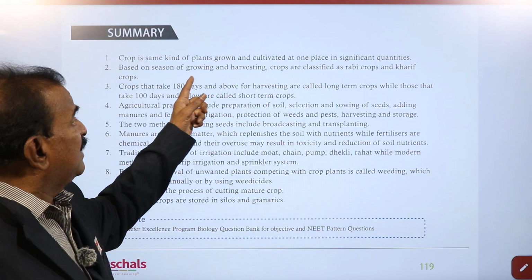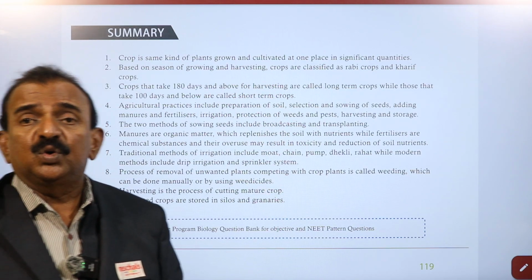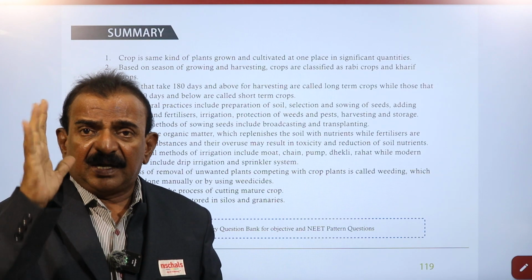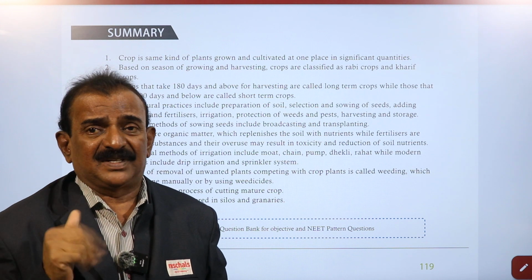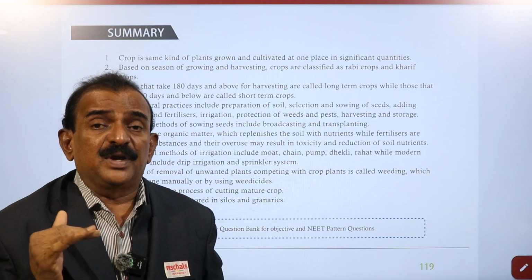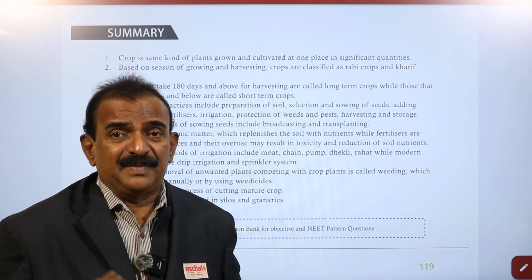And based on the season of growing and harvesting, crops are classified into two types. I told you Kharif and Rabi. Kharif crops grow during the summer season, and Rabi crops are the crops which grow during the winter season. These two terms are taken from the Arabic language.